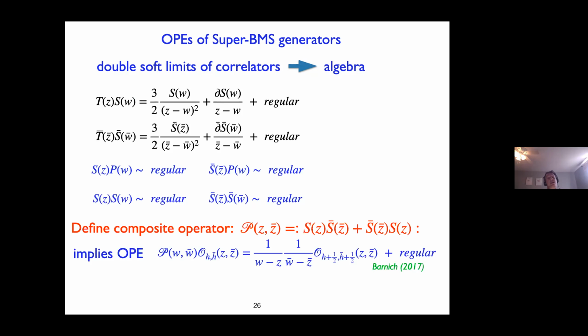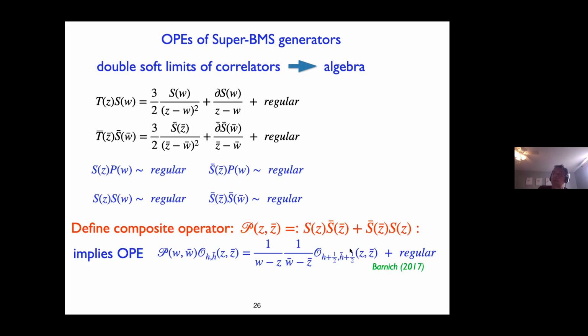What is very interesting, though, is that if we take a supercurrent of one spin, the holomorphic and the anti-holomorphic, I can construct a composite operator whose action on conformal primaries has this form. It shifts the dimensions, and it has a holomorphic and anti-holomorphic pole. This is actually a dimension 3 scalar.